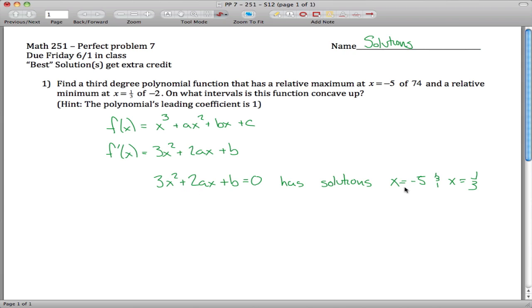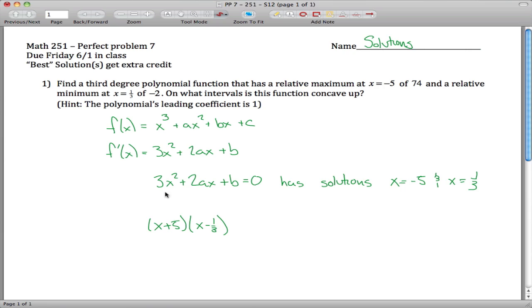So I guess we can kind of work backwards here. If x equals -5 is a solution, then x plus 5 is a factor. And if 1/3 is a solution, then x minus 1/3 is a factor.